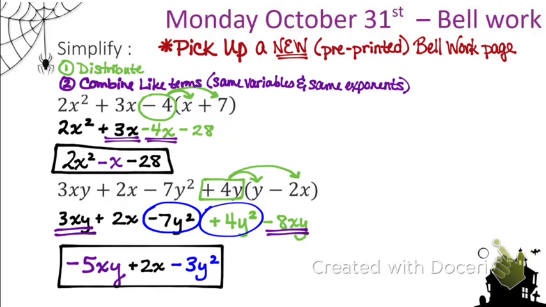If we have just one variable, like this one up here, we want to write it in decreasing order by exponent. It would not be wrong to write this one as negative 28 plus 2x squared minus x, but it sounds a little funny to a mathematician. It's like bad grammar, but it's not incorrect. Does that make sense? Cool.